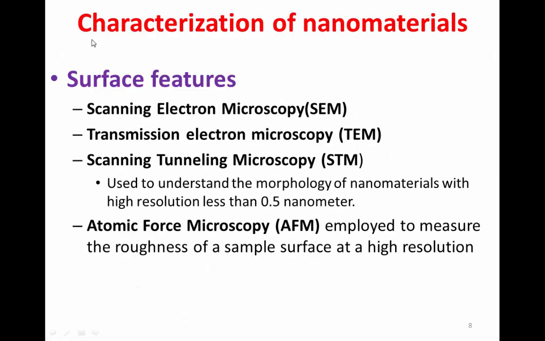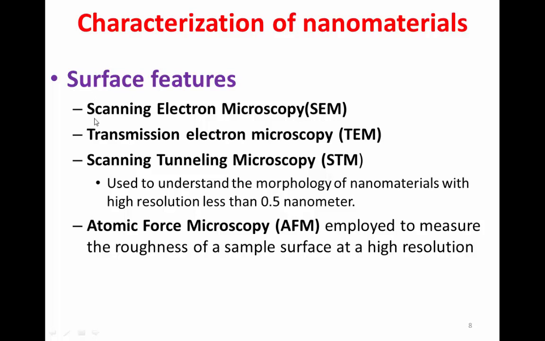Now let us see characterization of nanomaterials. As obtained nanomaterials are conveniently characterized, first of all we are supposed to see the surface features of the nanomaterial. That is, to look into the nanomaterial morphology, to understand the topology of the nanomaterials, we have different techniques.